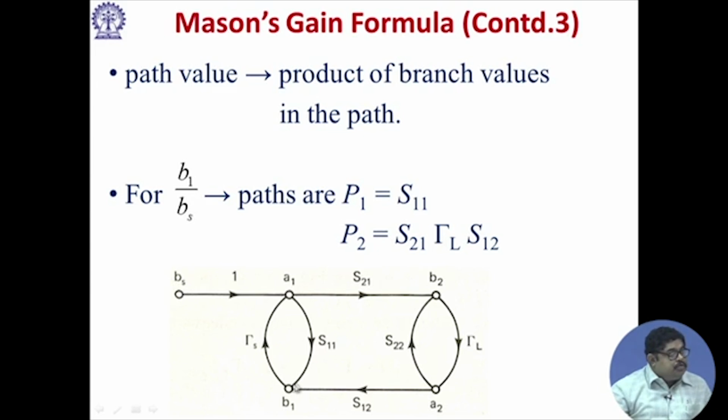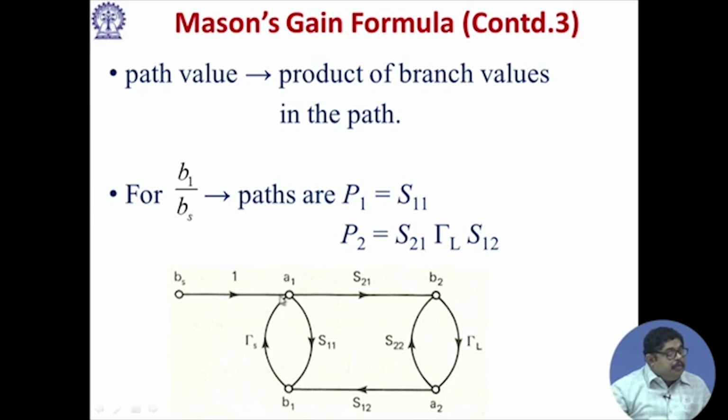So, from here to here I want to find what the paths are. You see, one path is this direct path, so let us call this P1, which is S11. And also I can come here, then I can go here, then I can come here. So, this is another path P2, it is 1 into S21 into gamma L into S12.